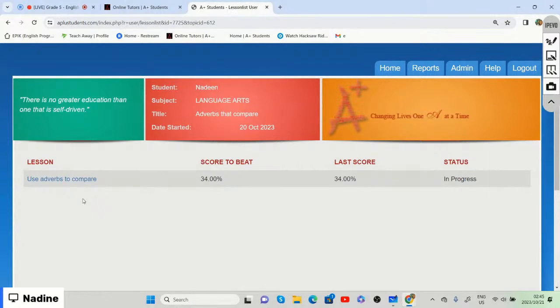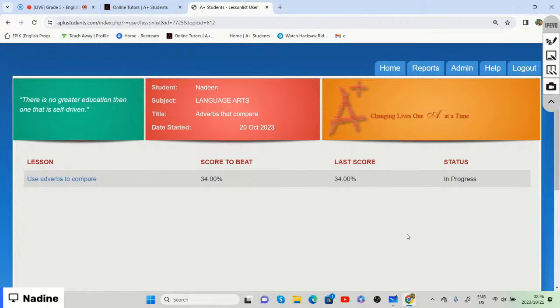And when we compare adverbs, we can compare them in the form of comparative adverbs, which shows one action that is being done. And then we can also compare adverbs in the superlative form, or superlative adverbs, which shows two or more actions that are being done.